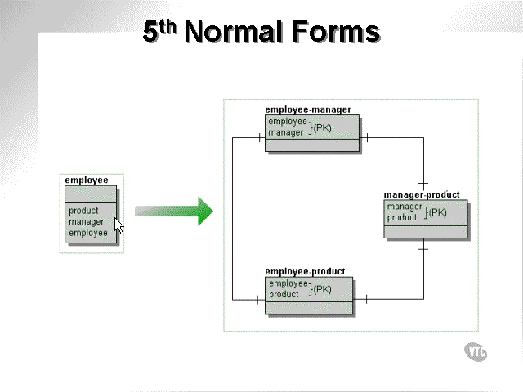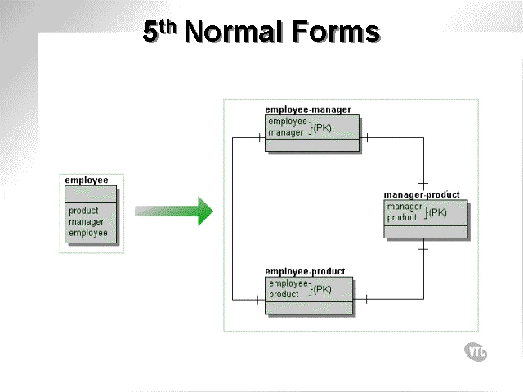It's a combination, basically. What we can do is create three separate entities, which relate with each other in twos, for instance. So we've got employee manager, and we've got manager product, and employee product. That's fifth normal form.